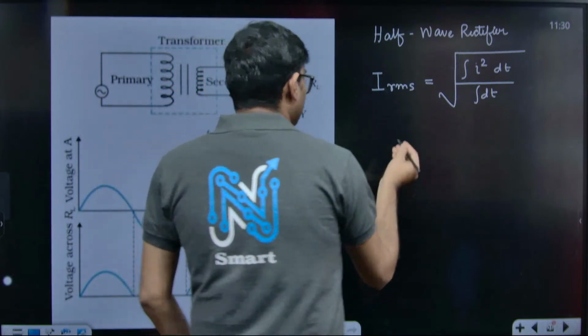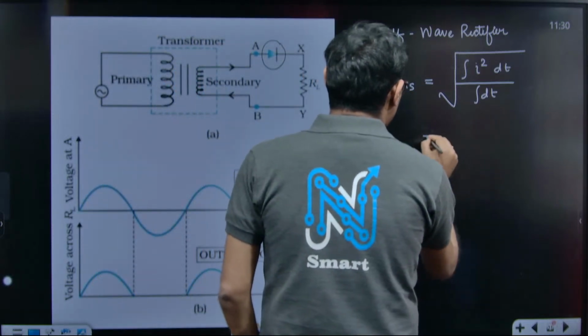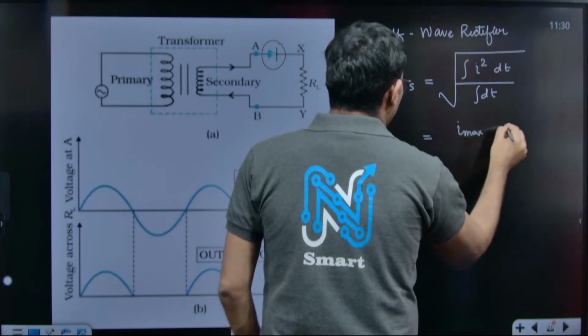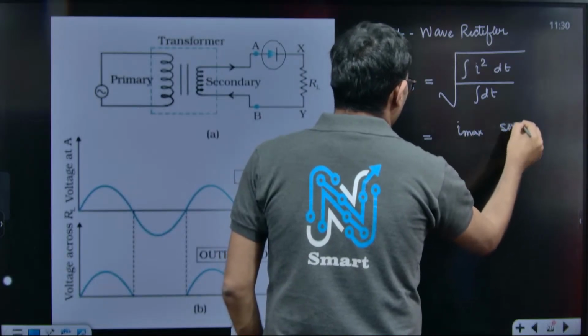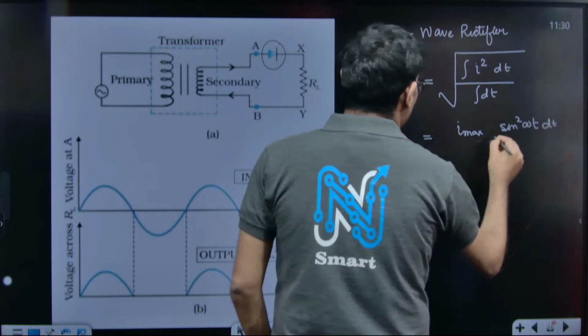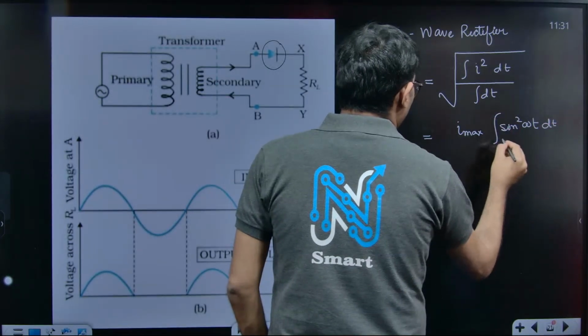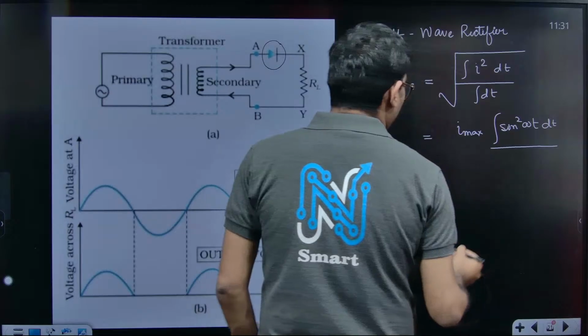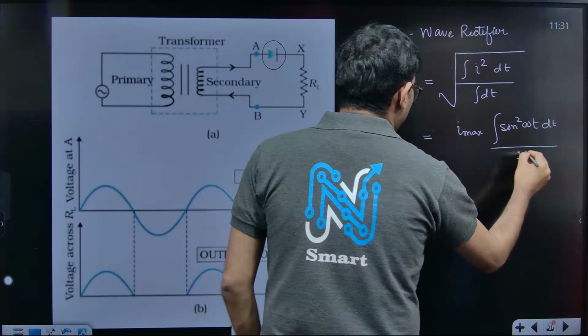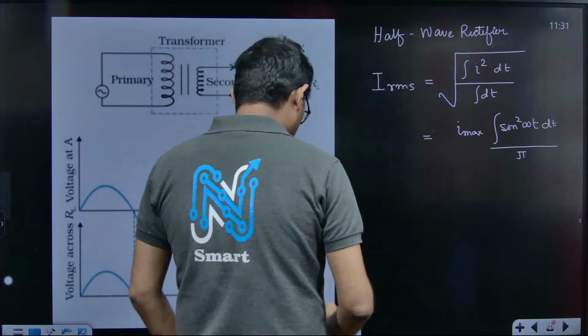If I say that the value of I is equal to I max into sine omega t, so it is sine square omega t dt divided by, from 0 to pi, which I have to integrate.